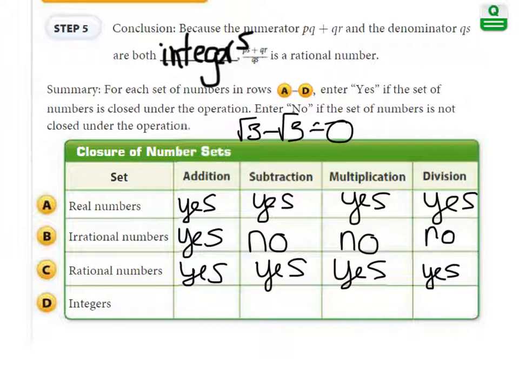Now, integers, we already said that if you divide 2 integers, you could get a decimal, so it's not closed under that. If I add 2 integers, like -5 plus -5, or -5 plus 0, those are all still going to be integers, positive and negative whole numbers.